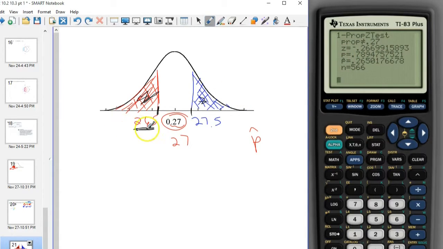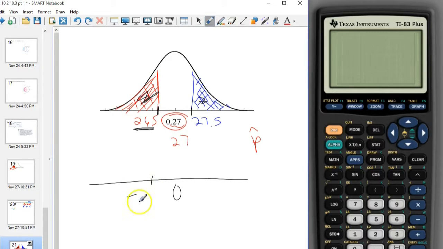All right, if we came up with both of those areas, and the test statistic, the negative 0.266, that's if we made a standard normal distribution and made the middle, the 0.27, if we standardized it and made that 0, then this 26.5% from the actual distribution would be the negative 0.267 roughly in the standard normal distribution.